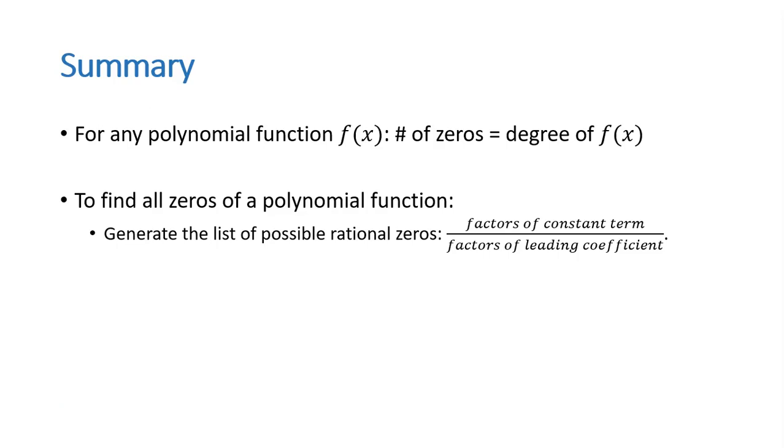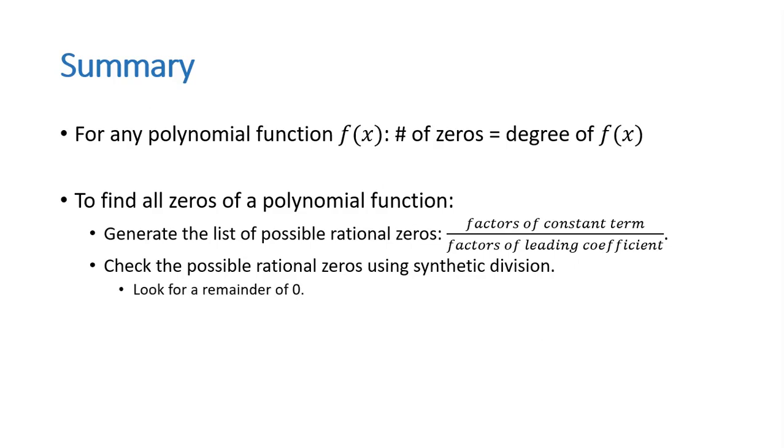So we generate all the different combinations of possible numerators, possible denominators, and this gives us our list of numbers to check. So we check using synthetic division. Specifically, we're looking for a remainder of 0. So we're doing synthetic division with our rational zeros from our list, and we want to see if the number at the end of our synthetic division is 0.